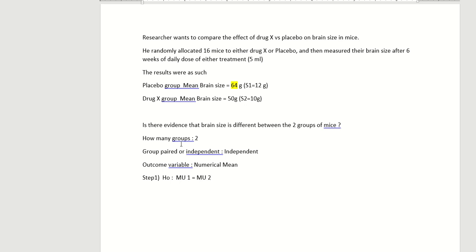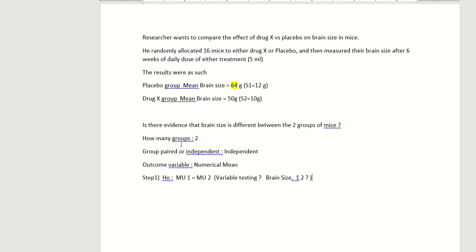For this to be correct, you have to identify the variable you're testing, and here this is the brain size. It's the mean of group 1 and mean of group 2.